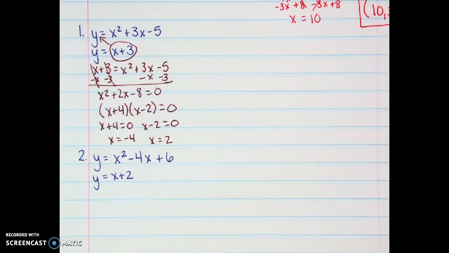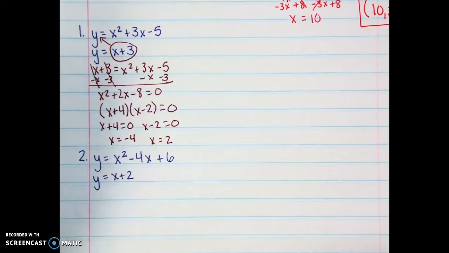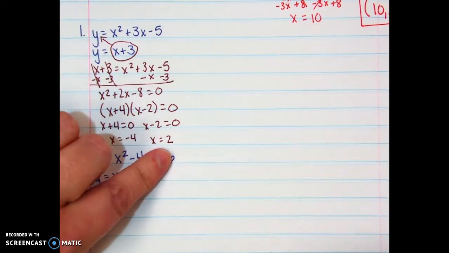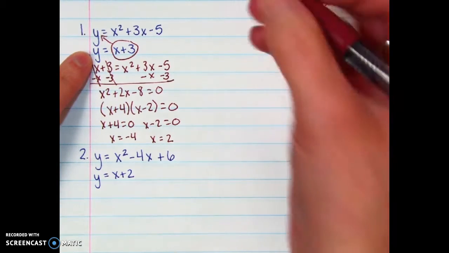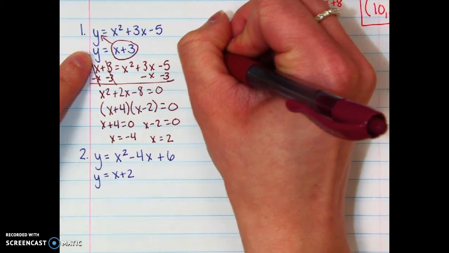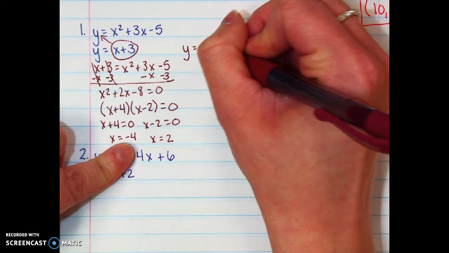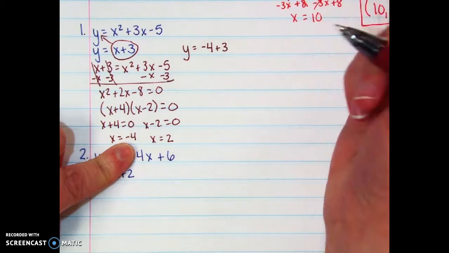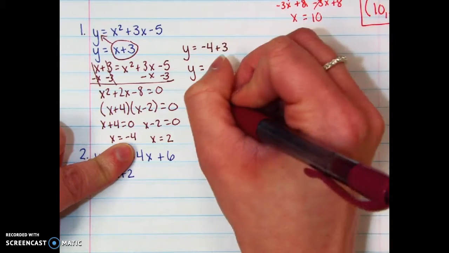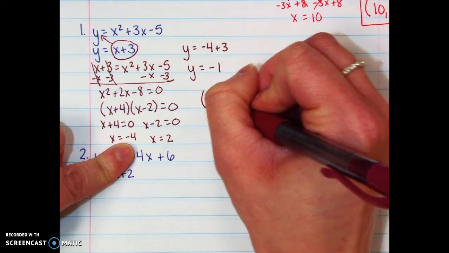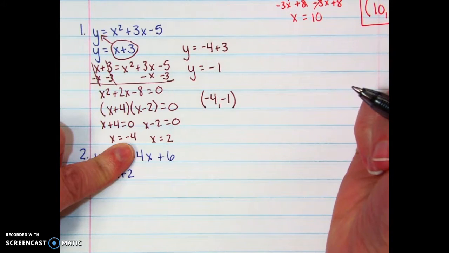Okay, I'm not done yet. I have my x's, now I need to find the y's. So what I'm going to do is plug each of these x's into this equation here. You can plug it into the top equation if you want to, it's just that I like to do the one with fewer steps. So y equals negative 4 plus 3. That means y is negative 1. So my first point is (negative 4, negative 1).